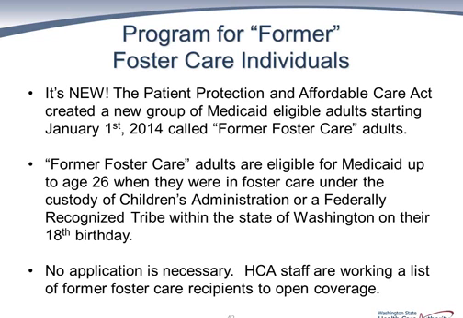So beginning this January, just a few months ago, if you were a child who aged out of foster care here in Washington, and you're between the ages of 18 and 26, you are automatically eligible for continued foster care medical. And that is the full categorically needy scope of care coverage. It also is regardless of what your income is. You simply need to be a resident of Washington.